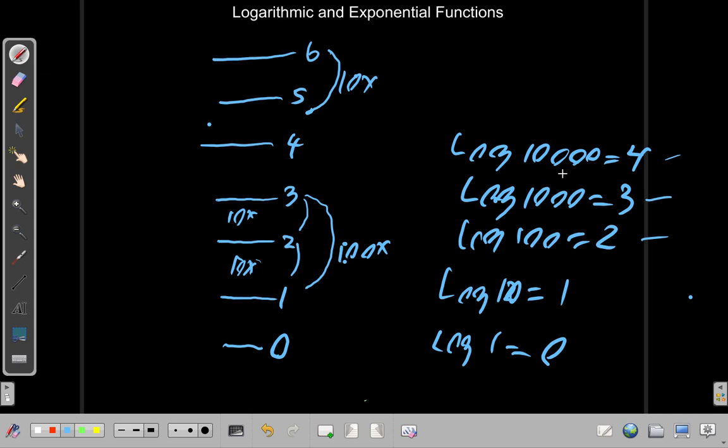In other words, 10,000 has 10 times the value of 1000, right? So that's how they set up the Richter scale, all right? All right, so those are where you find logarithms, both common logarithms and natural logarithms, occurring and being used in real life. All right, so we'll continue looking at logs and exponents in later videos. So I'll see you then.